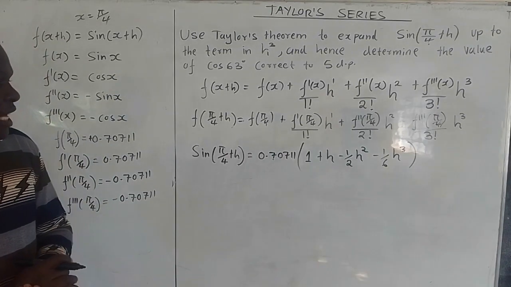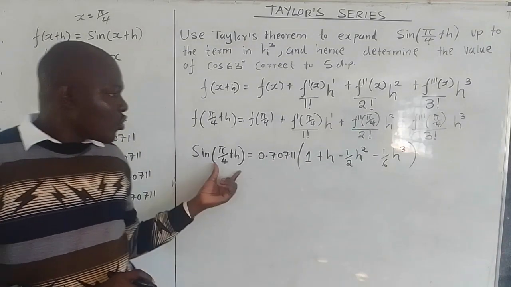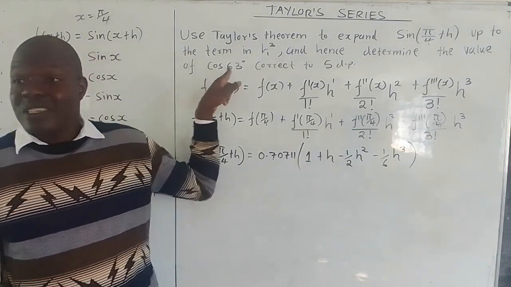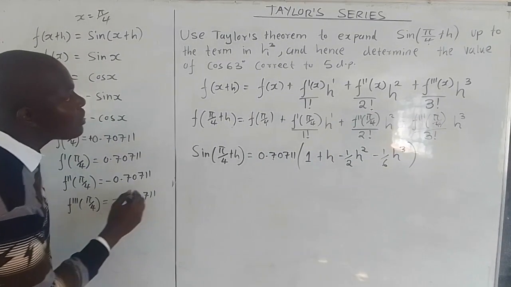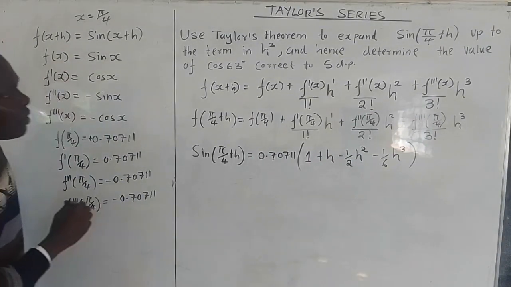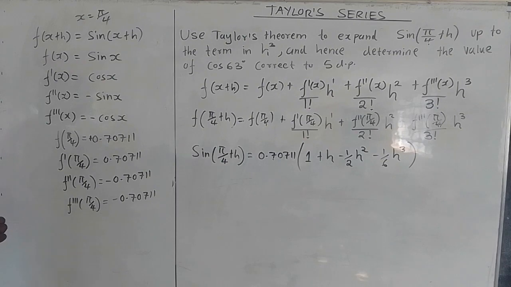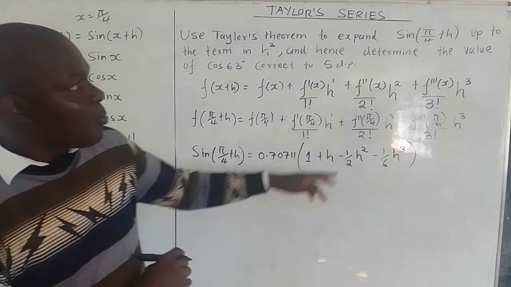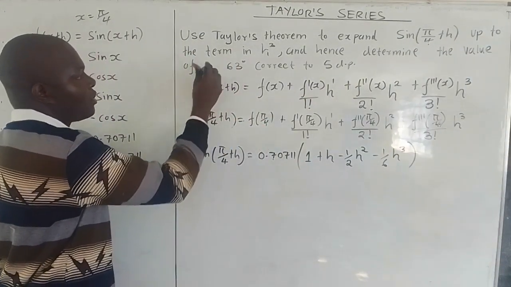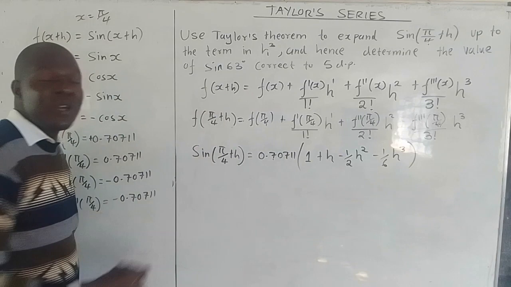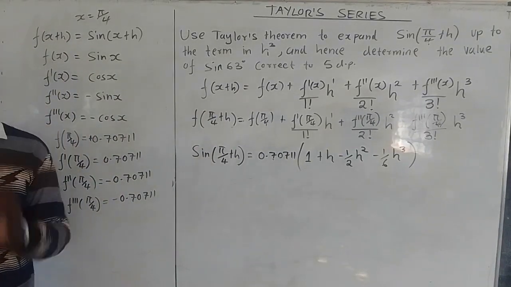So from there, it means we now want to use this to evaluate cos 63. No, it is not cos 63. We are expanding sine pi over 4 plus h, meaning we are evaluating sine 63 degrees.